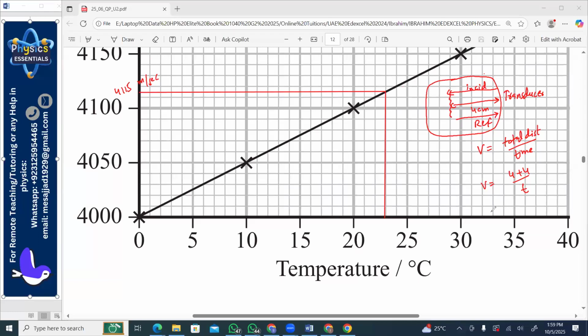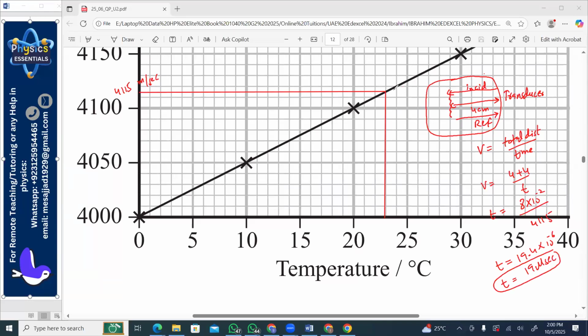So the distance is 8 into 10 raised to the power minus 2, because we have to convert that into meters, and V is 4115, correct? So the time that we calculate from here is 19.4 into 10 raised to the power minus 6, so that means it is 19 microseconds.